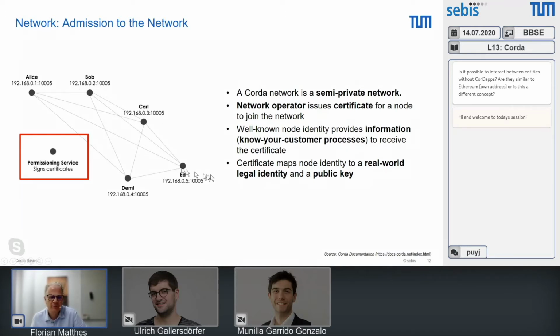Again, the important point is that this is also a critical point here. It's a centralized thing, which people who are decentralization fans would say is very difficult, because it's a very centralized notion. If you would do bribery with this permissioning service, there's a lot of trust in it.